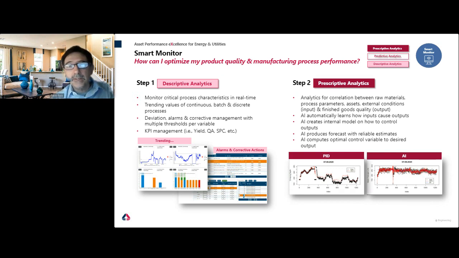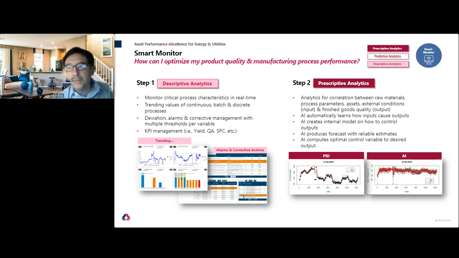Here the goal is really using analytics in order to understand which is the correlation between my raw material, the process parameter, my asset condition, maybe external condition as well, and the output that is the finished good quality of the product. So we can really use AI here to automatically learn out of the data, building a model that basically relates input and output.